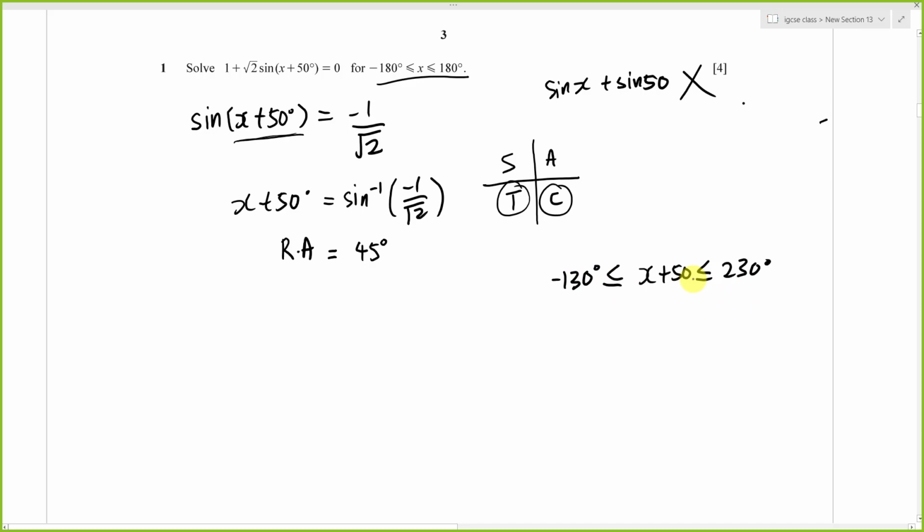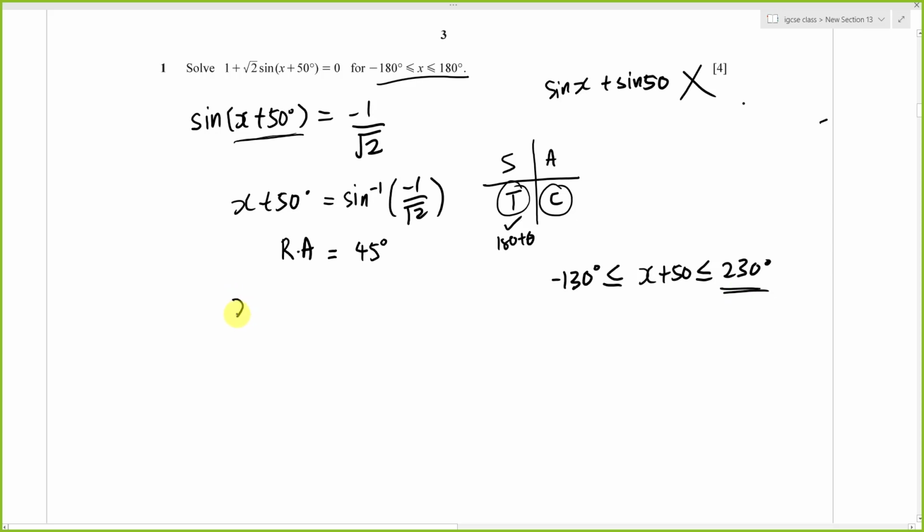That means maybe I can take the 3rd quadrant, because the 3rd quadrant is 180 plus theta, and our theta is 45. So 180 plus 45 is 225. Therefore 225 is still within the range, just nice, because we cannot get any angle more than 230.